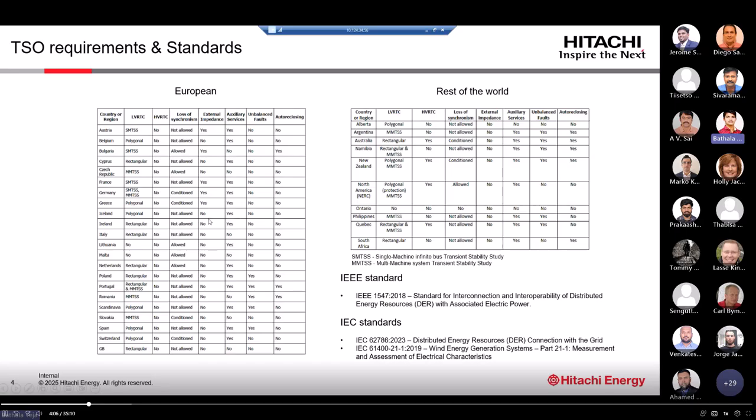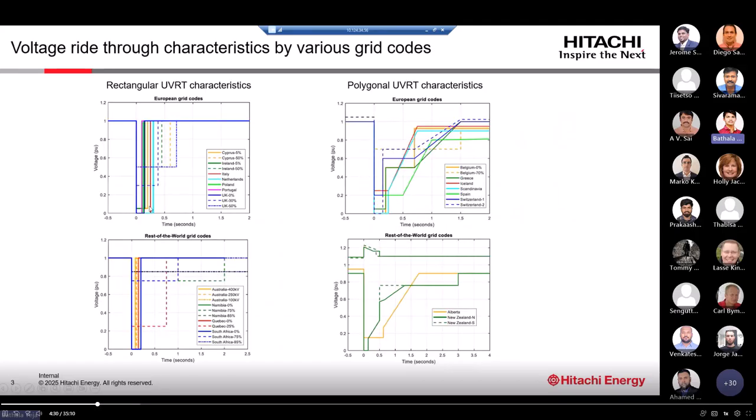SMTSS is single machine infinite bus transient stability study, and MMTSS is multi machine systems transient stability study. Some local TSOs do this study and design these characteristics accordingly. Apart from that, most places use polygonal and rectangular, where the curve looks like this.